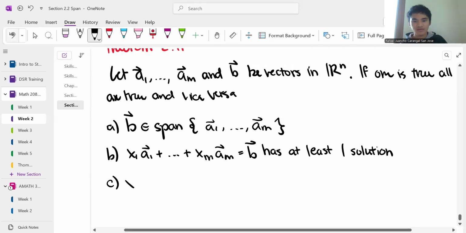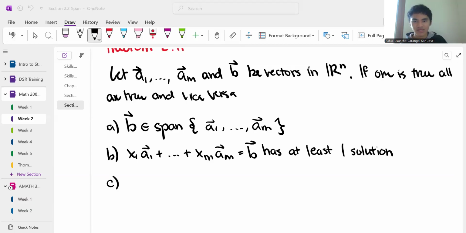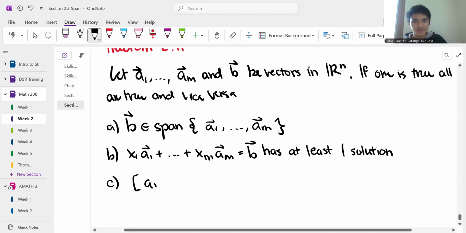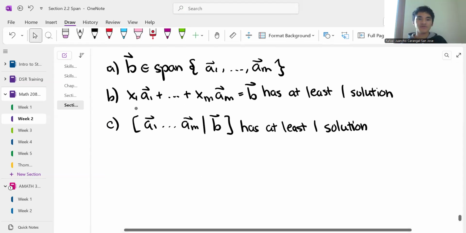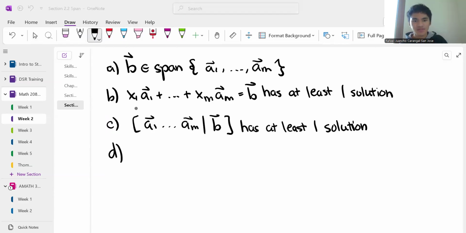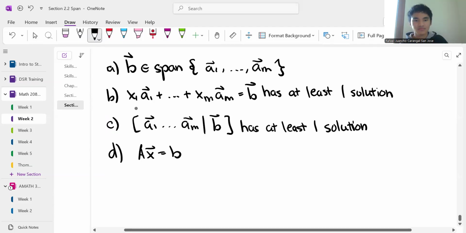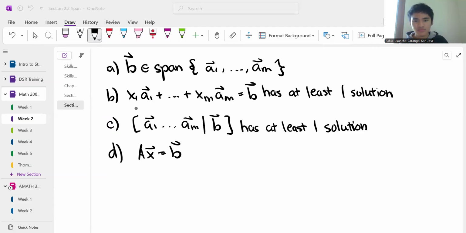C is literally the same thing as B, but it's an augmented matrix that has at least one solution. So this is the same as B, just an augmented matrix. And so if the two are true, then A is true. D, AX equals B has at least one solution, which is the same as C. It's just a more compact way of writing it.